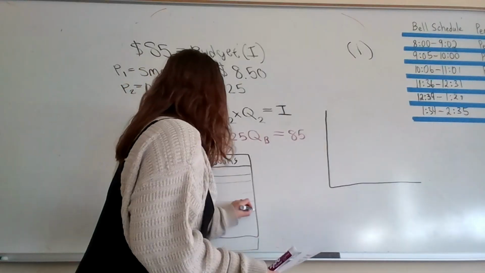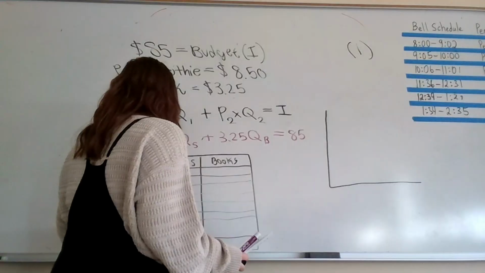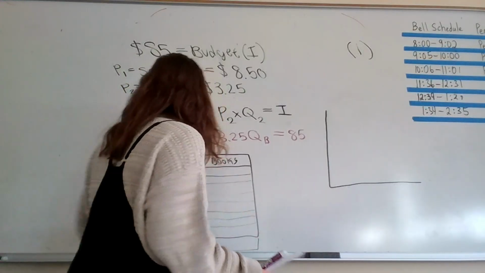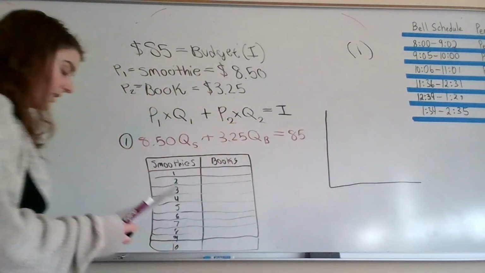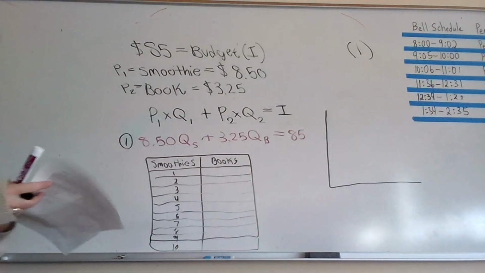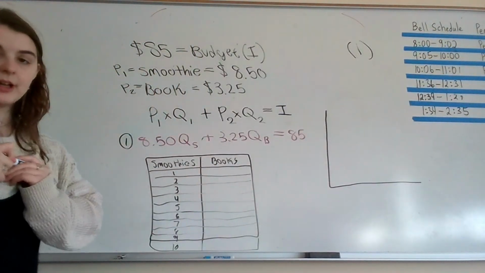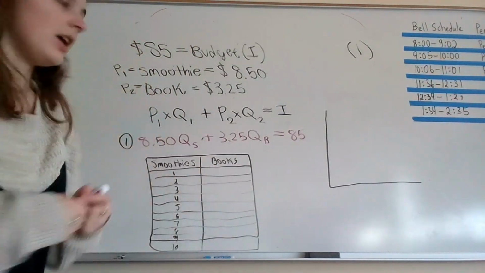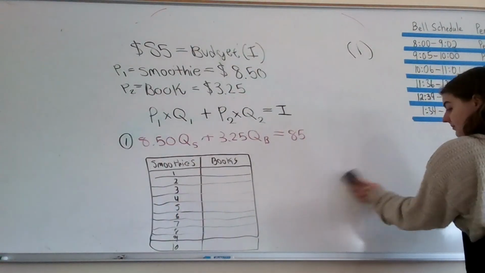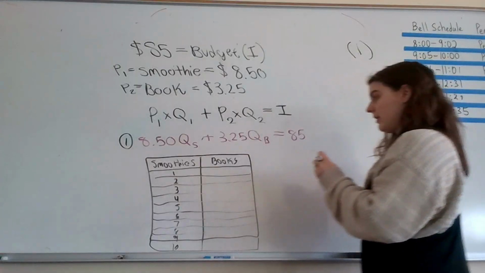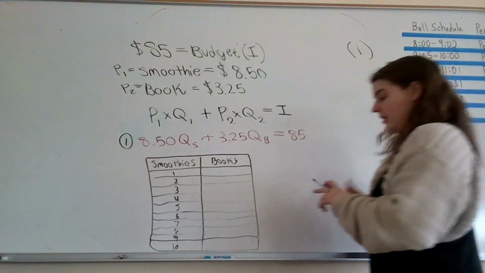The next thing we need to do is plug in these values. We need to find what quantity of books we consume based on how many smoothies we consume. So we need to fill in this table. The easiest way to do this, I would recommend, is to use a calculator, of course. What you end up doing is something that looks a little bit like this. I'm going to plug values into this equation.